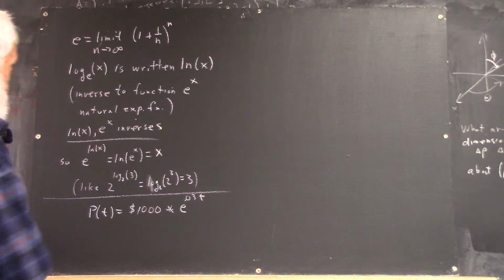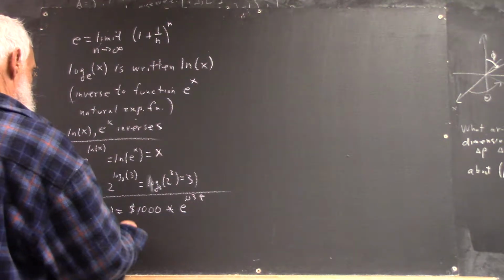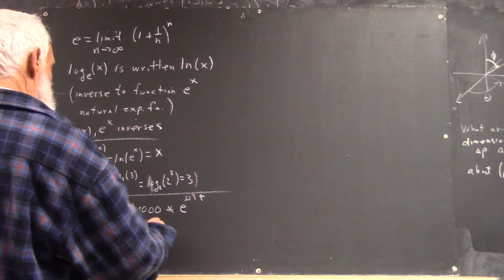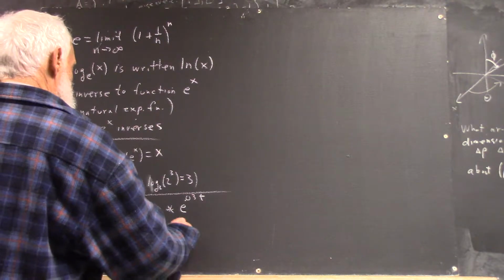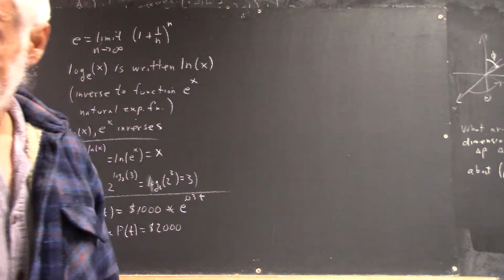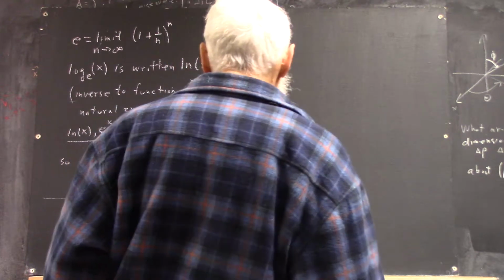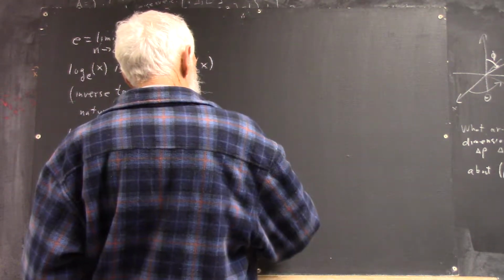Okay? So we want to solve P of t equals $2,000. Now this is related to a graph.